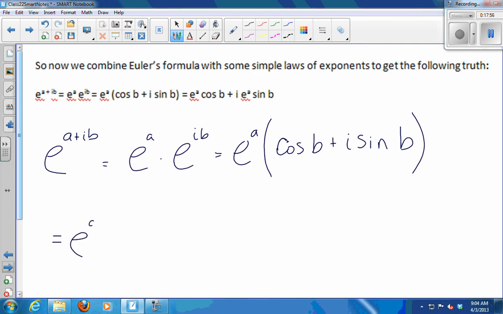So we have e to the a cosine b plus i e to the a sine b. So this is how we raise e to complex numbers. We are able to take e to a complex number and write it in the standard form of a complex number, x plus iy.